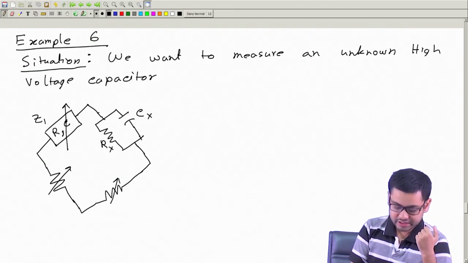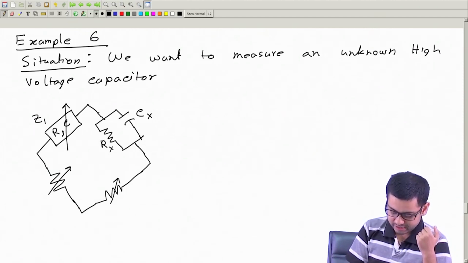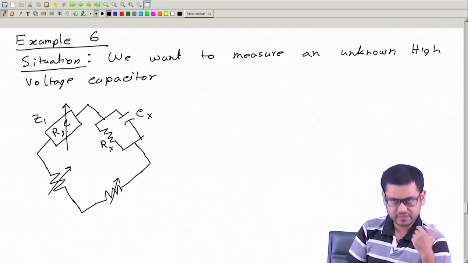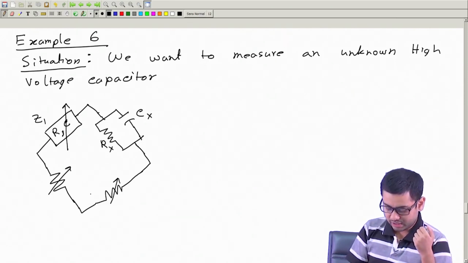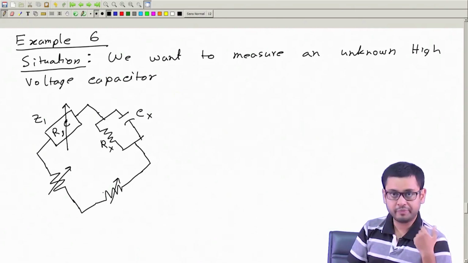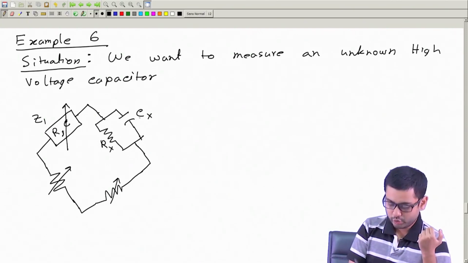Now we may not need to vary all these 3. Okay. We may choose to vary just maybe these 2. That's sufficient. We may choose to vary these 2. That may also be sufficient, because we have 2 unknowns.